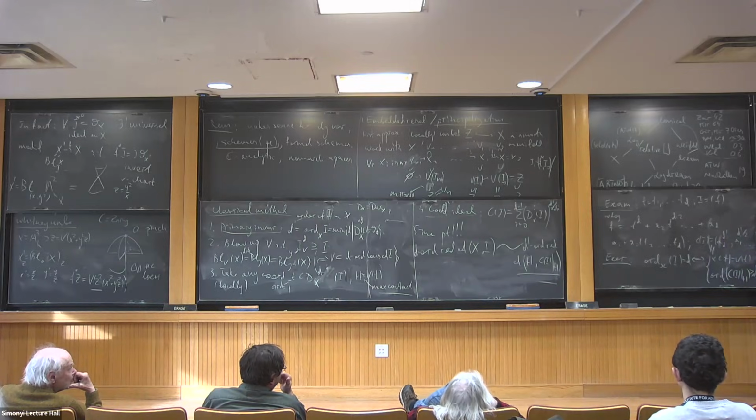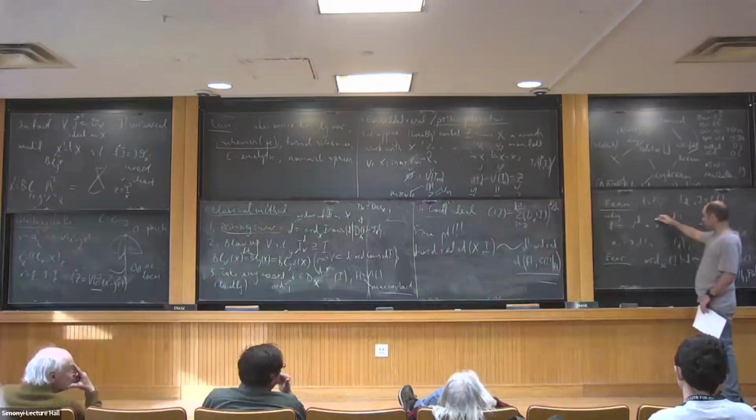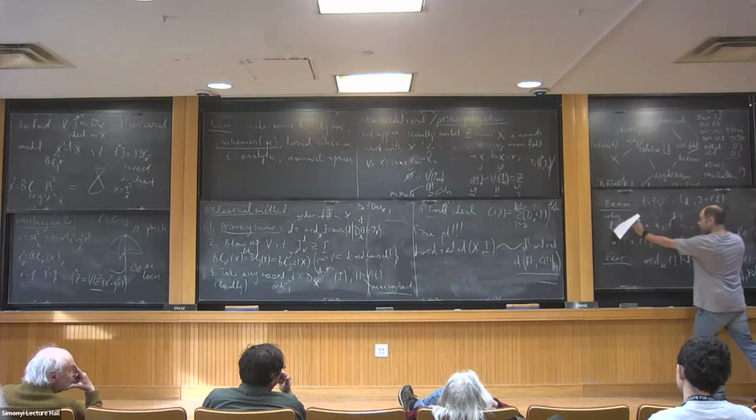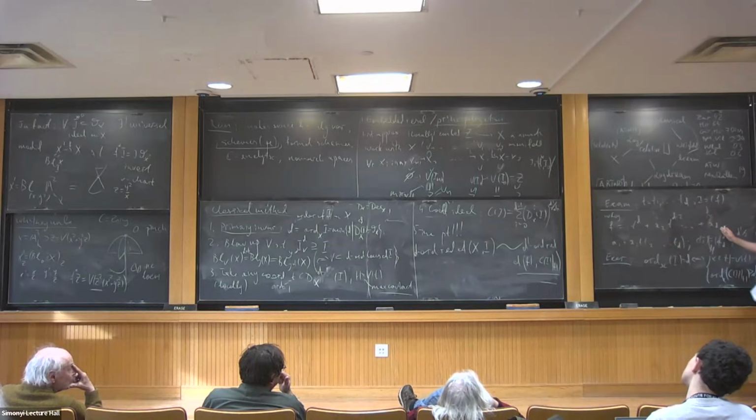So the order of this guy is at least 2, the order of this guy is at least D, and so on. The order of the whole polynomial can be encoded by the order of coefficients.